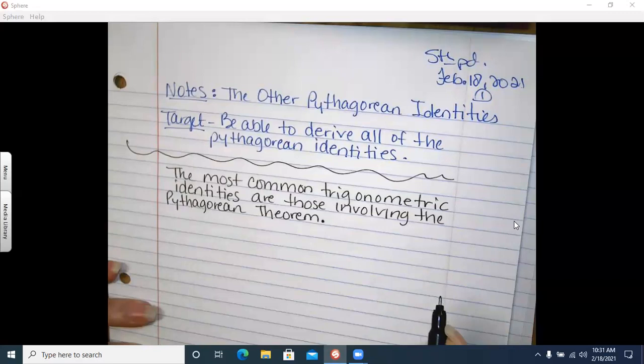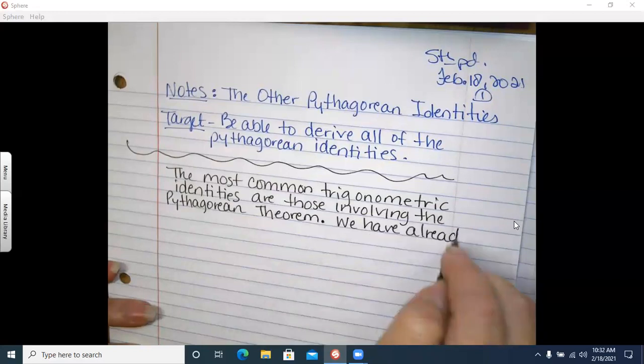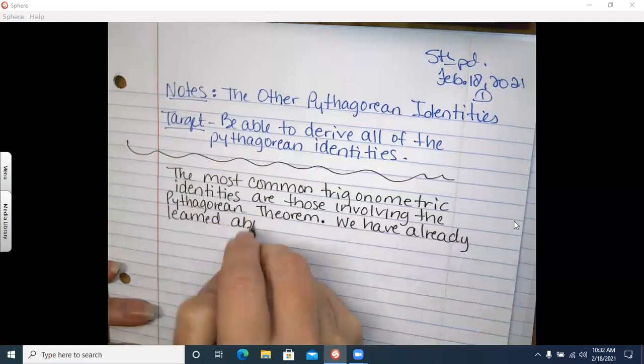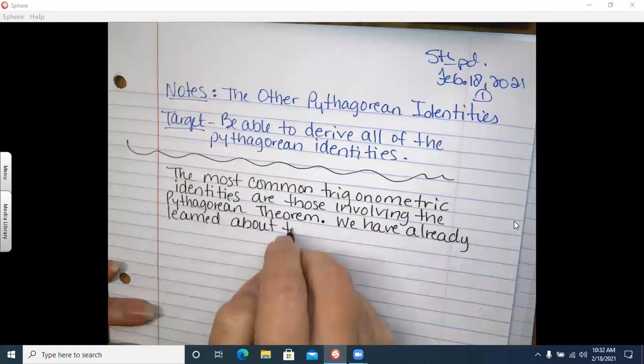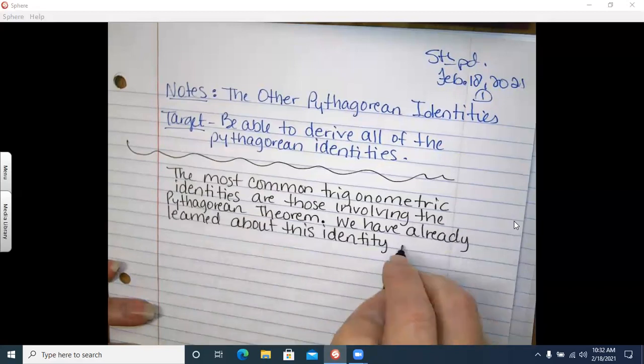We have already learned about this identity called Pythagorean identity.